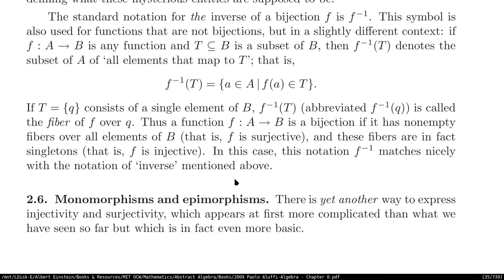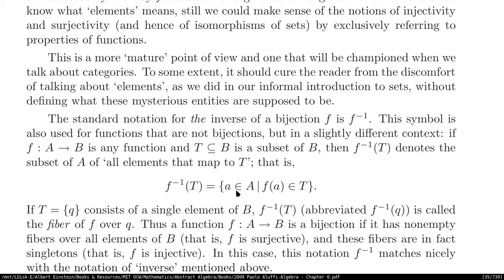Yeah, this here can be a bit confusing. The inverse of a bijection is f to the minus 1, right? But we have something else which looks similar, but it's not the same thing.